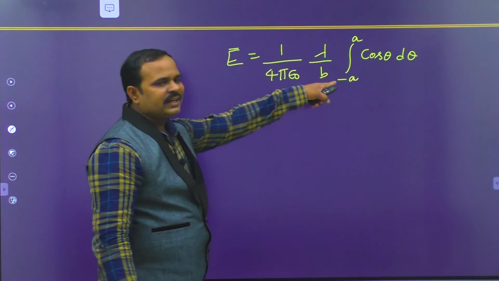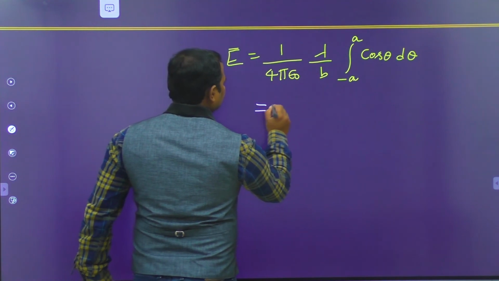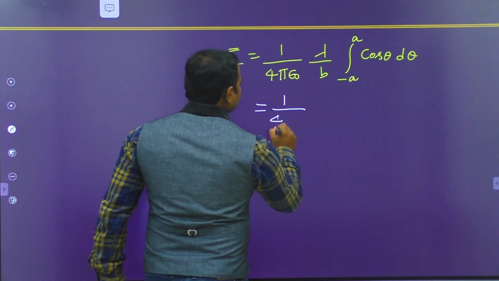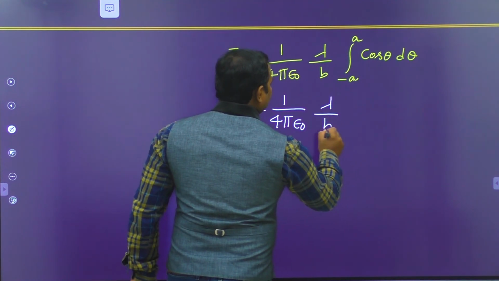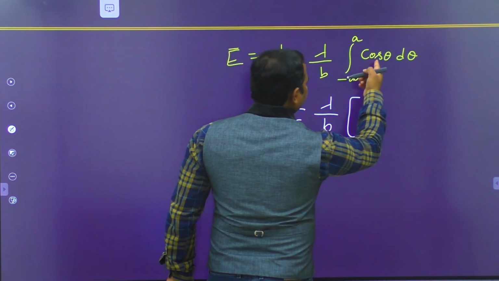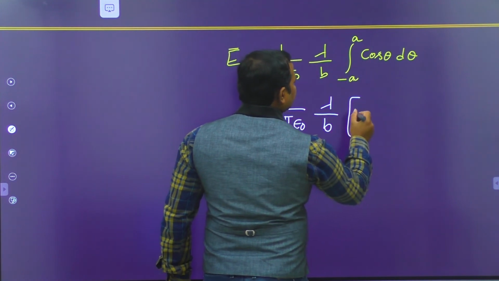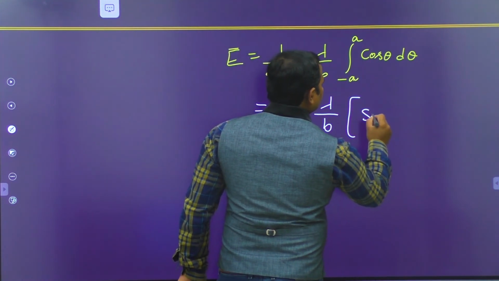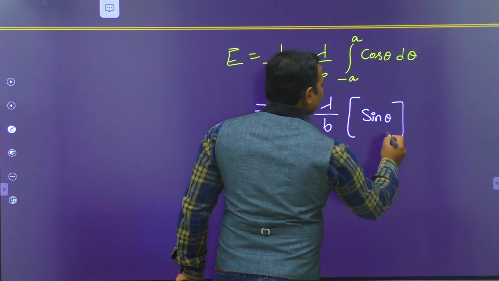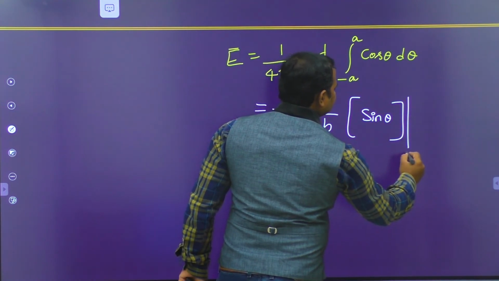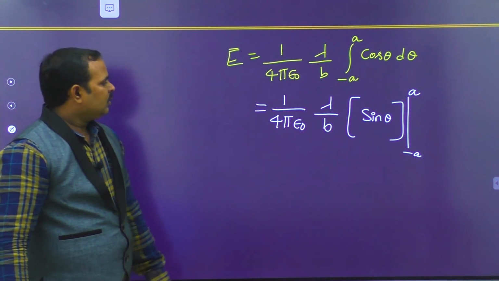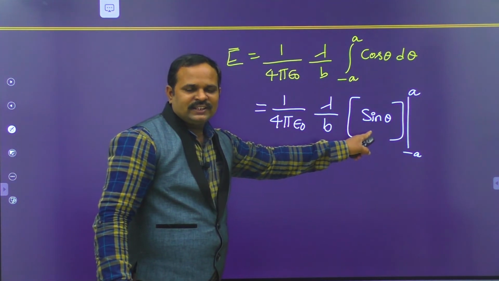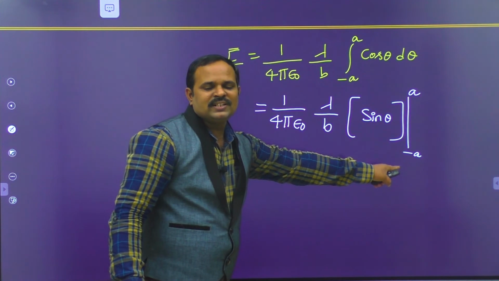Now let us apply the integration here, which is equal to 1 by 4 pi epsilon naught, lambda by b. If you apply integration of cos theta, which is equal to sin theta, the integration limits are from minus a to plus a. Here you can see this is sin theta, but the integration limits are from minus a to plus a.